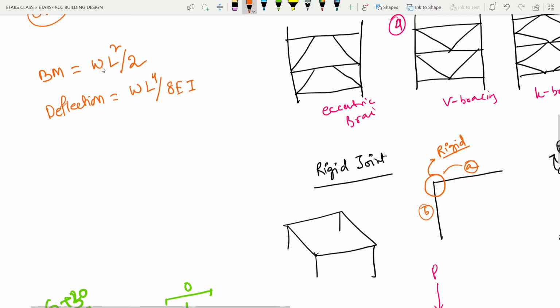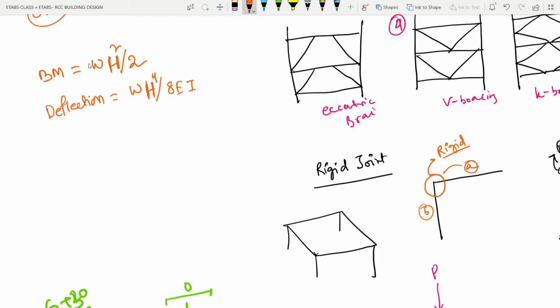So let me correct it. It will be WH square by 2 and WH power 4 by 8EI, because I am talking about the vertical cantilever. So I made it H rather than writing it as L length. Okay. So if the height increases, obviously the bending moment or the resistance will be increased, right?